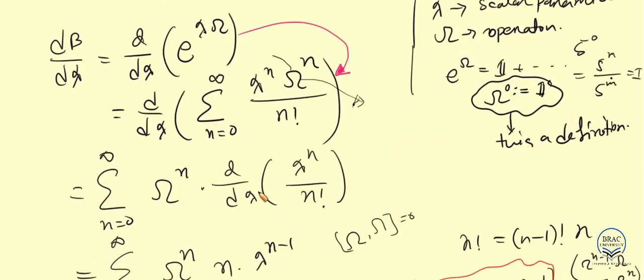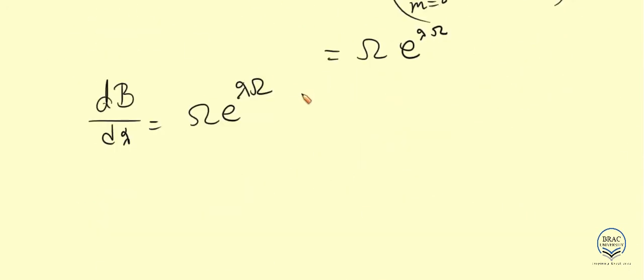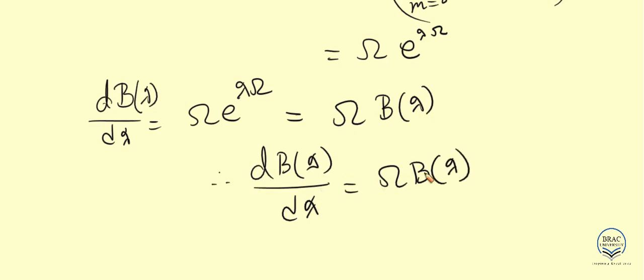But B was e to the power lambda omega, where B is a function of lambda itself. So let me write it explicitly: dB(lambda)/d lambda equals omega B(lambda), where everything is an operator. These are operator valued equations where you are taking derivatives and doing all these manipulations with operators.